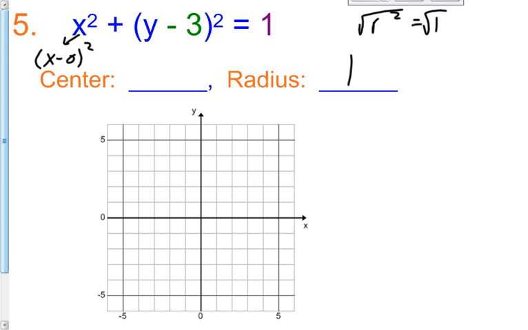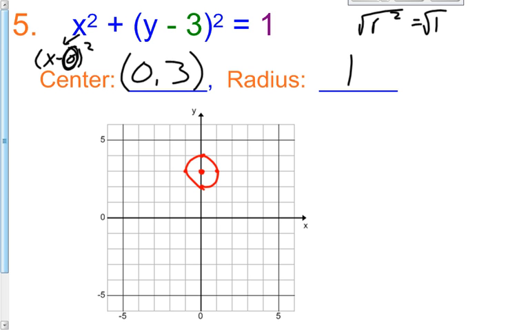So my x coordinate is 0, and then my y coordinate is 3. So at (0, 3), I have the center of my circle. And then for my radius, I'm going to go 1 to the right, 1 up, 1 to the left, and 1 down. And there is my mini circle. That's what we have for question number 5.